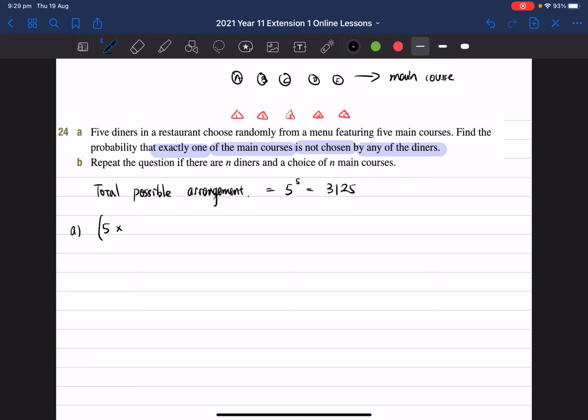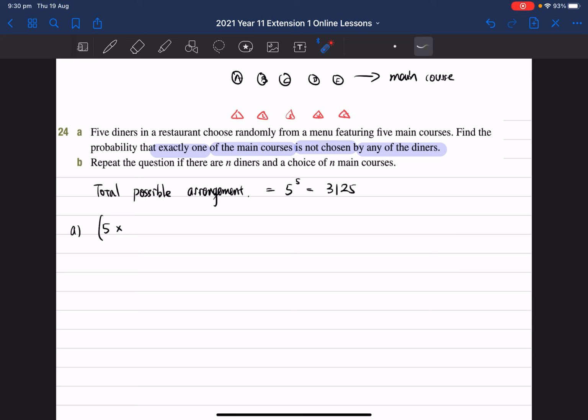So if the first diner selects out of 5, and then the second chooses a different one, not the same one. The reason is that if the second person chooses the same one, then you will have more than one dish that's not chosen by the diners. But the question says exactly one of the main courses is not chosen.